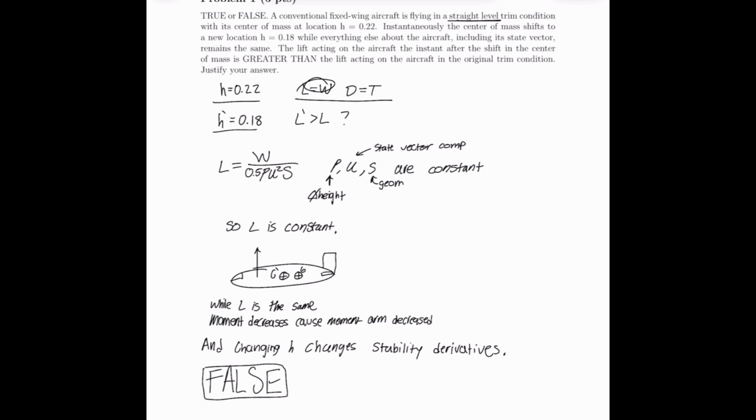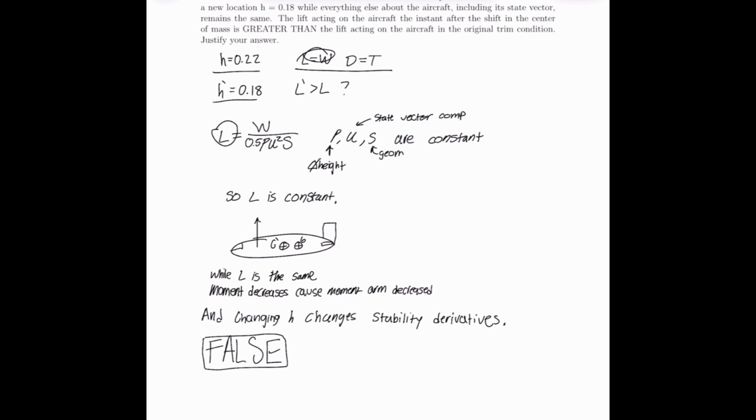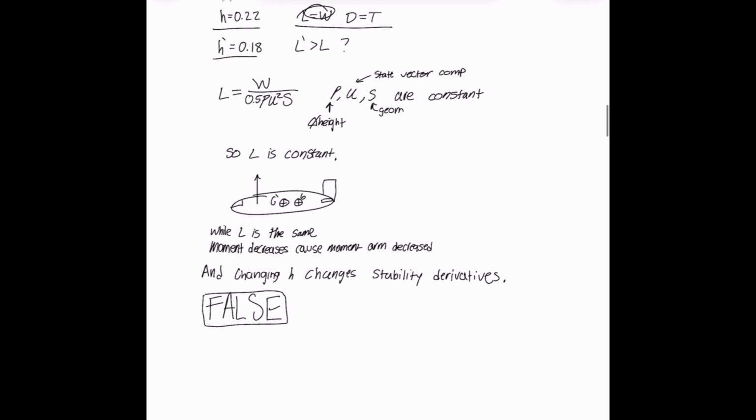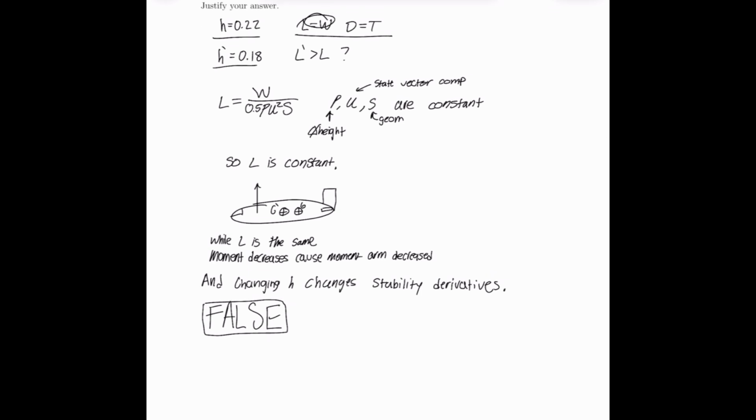So the geometry of the wing is not changing. So these are all constant, and mass is also constant, gravity is constant, so L, lift, is constant. So if you have constant lift, then it's false, because lift is not greater than it was before.